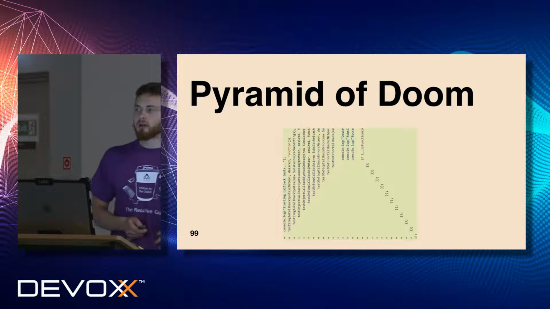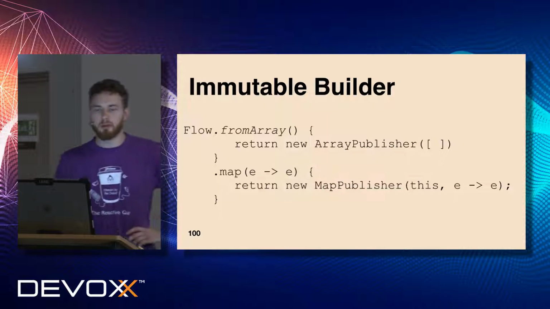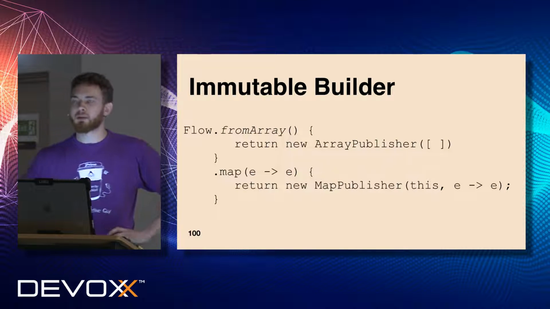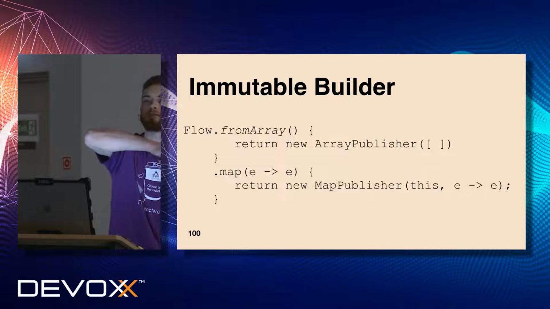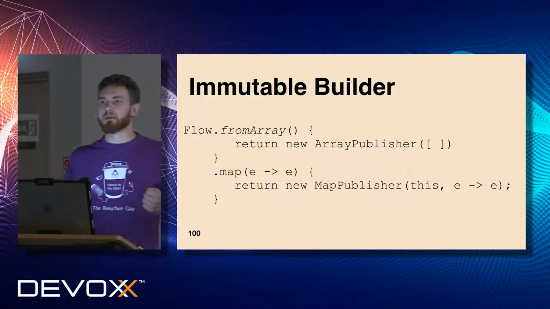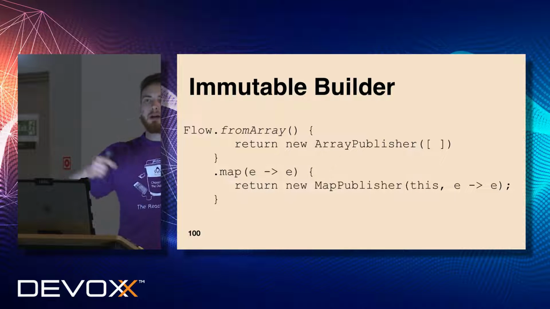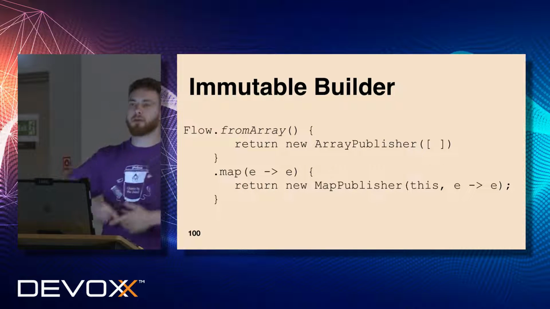Yeah? So the immutable builder is basically about if you call some method, you have to take some current state, wrap it into another builder, and return another builder. If you do any action, you have to wrap anything to something new and return it.